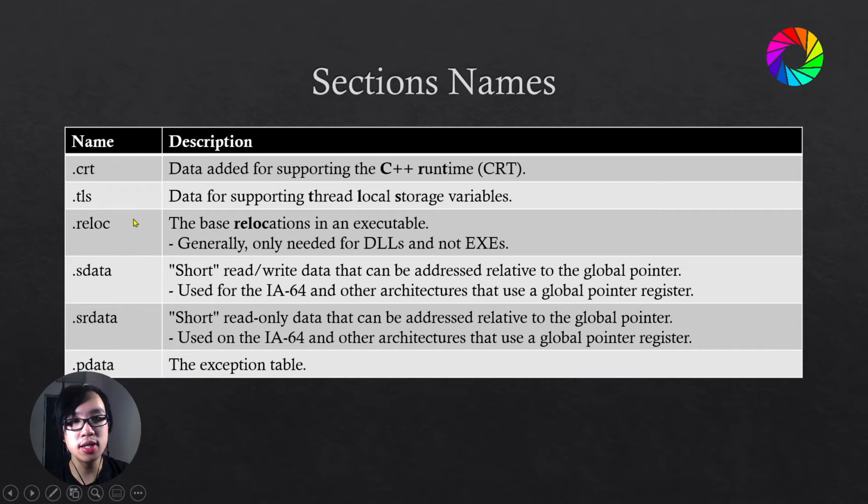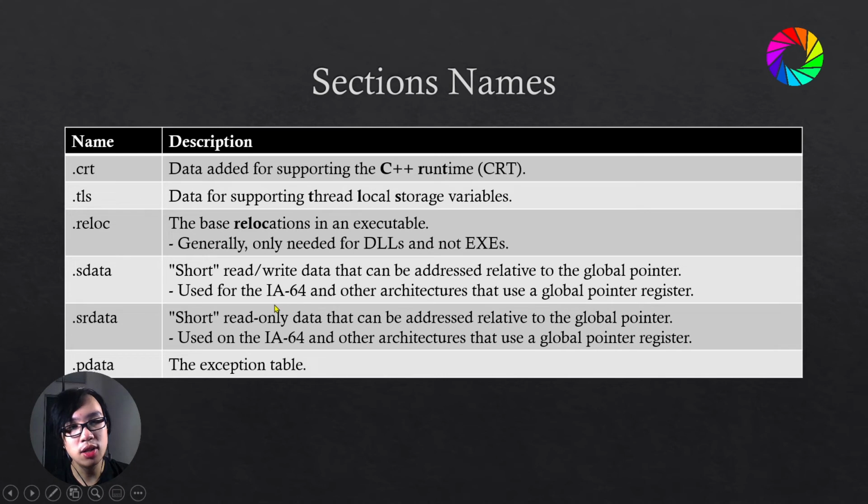So .tls is the data for supporting the thread local storage variable, and .reloc, that one is the base relocation in an executable, generally only needed for the DLL and not for the exe file. And .sdata, that means short, so that one there is a short read or write data that can be addressed relative to the global pointer.